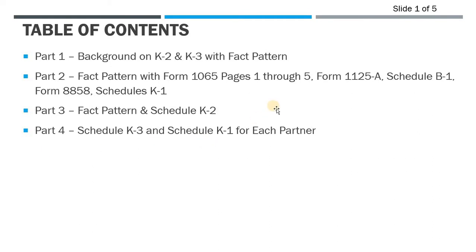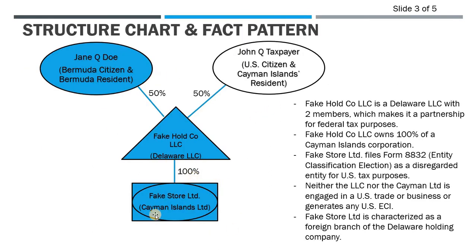Now, just a reminder as to the structure here, we have a Cayman Islands entity that's a disregarded entity. All the income and expense is passing up to this U.S. LLC, a Delaware LLC taxed as a partnership, and then the income is being allocated 50% to each owner. Jane Doe is the one whose K-1 and K-3 we're going to look at.